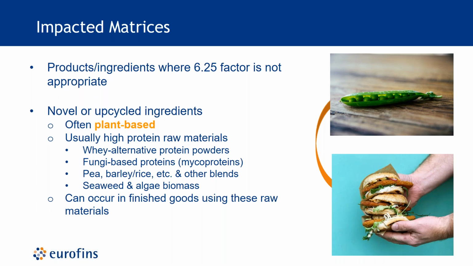The reason you're usually going to see this occur more exaggerated in the raw material form is, I have a picture of a pea over there and a plant-based burger. When you take an example like a highly processed pea protein, testing that may exhibit the issues. However, when you're putting that into the finished good, which is maybe a plant-based burger, you're adding other ingredients into that formula that are probably also contributing fat, moisture, ash, and protein.